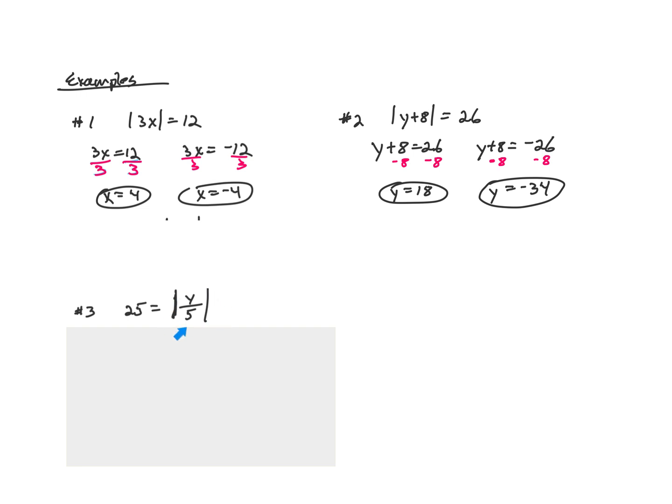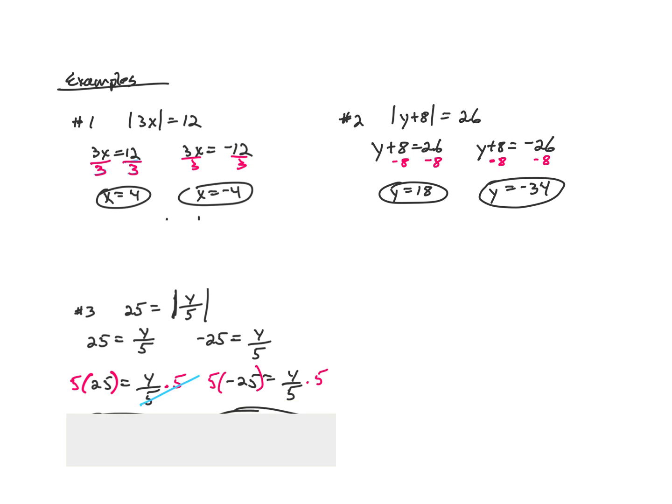Once you get down to where all you have is the absolute value on one side equals the positive constant, then you can set it equal to the positive and the negative. So we write our two equations: 25 equals y divided by 5, or negative 25 equals y divided by 5.